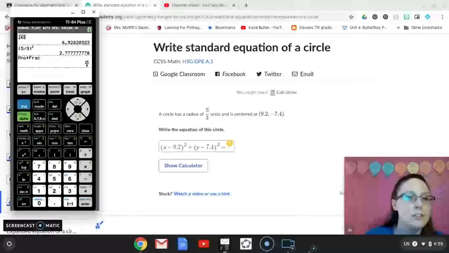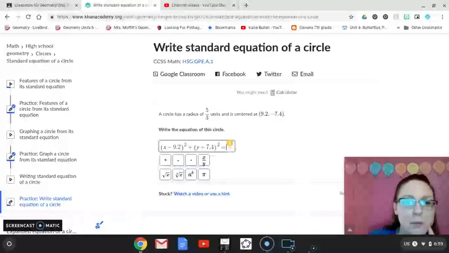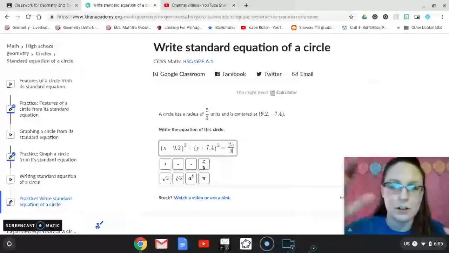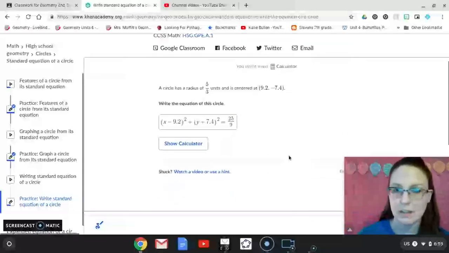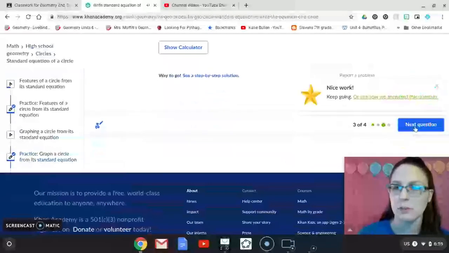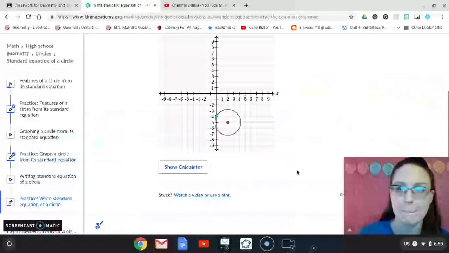Oh, hey, couldn't I just do 5 squared is 25 and 3 squared is 9? So even if I don't have this calculator, I'm really just squaring the top and the bottom here. So we're going to make this equal to 25/9. Okay. All right, let's check. Got it.